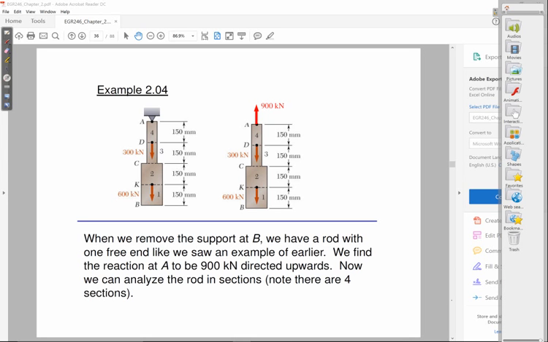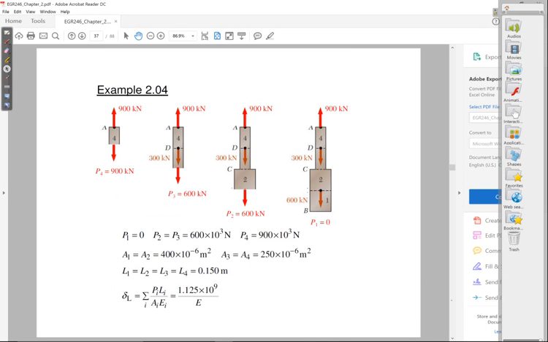You add it up, and you're going to get some actual value for the deformation. You're going to get a delta equal to something, and that delta is going to be the delta at B, the free end, the total deformation. So here's how you work that out. That's using the right-hand side as a segment. Those are all the internal forces that you can see: 0, 0, then 600, 600, and 900.